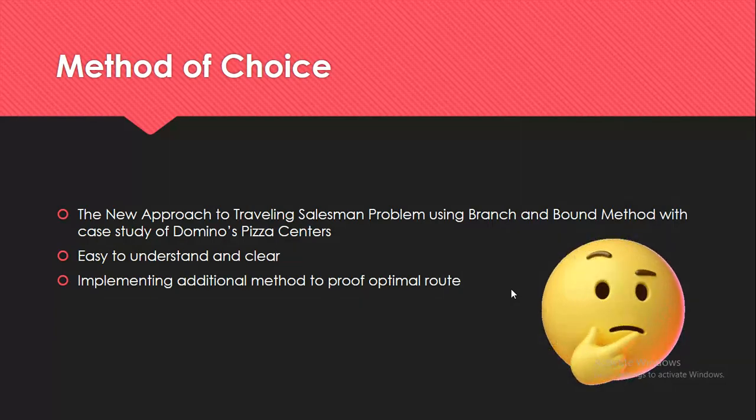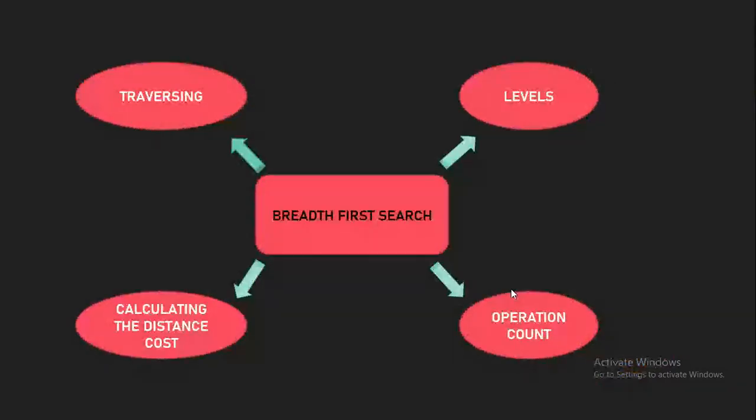So I'm choosing the first paper to implement, and I'm going to compare the method used in this first paper with the method that was assigned to me, which is the breadth search.